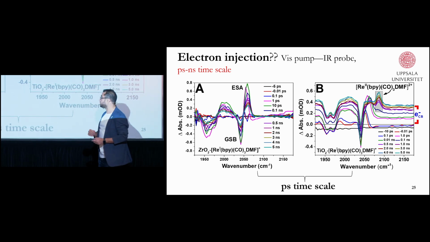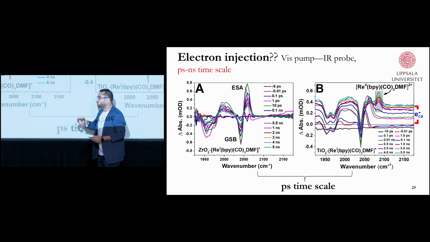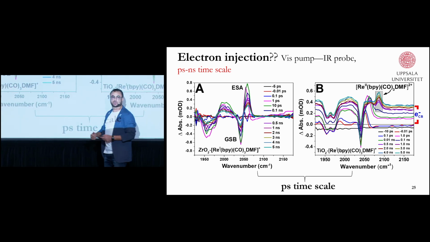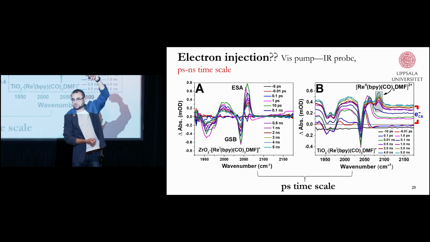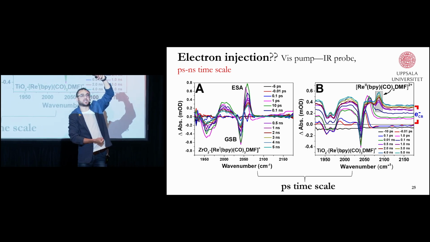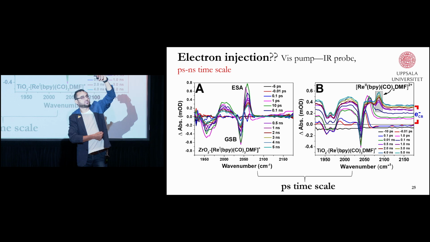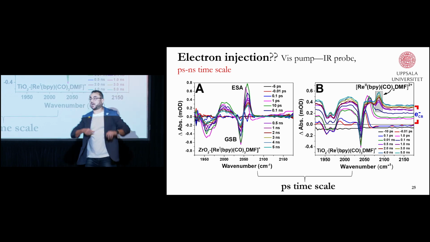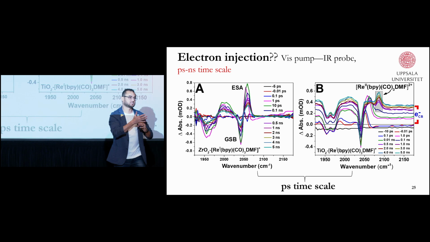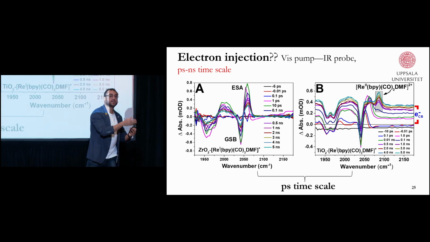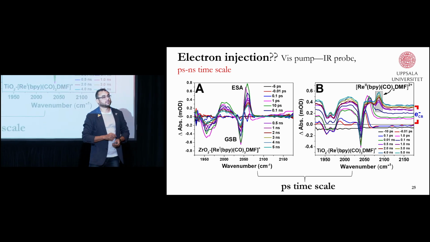What is the difference between zirconium oxide and titanium dioxide? Zirconium oxide is a wide band gap semiconductor, so no charge can be injected from the catalyst to zirconium oxide. On the other hand, titanium dioxide is not wide band gap, so if there is a charge in the catalyst itself, it can be injected into the titanium dioxide.